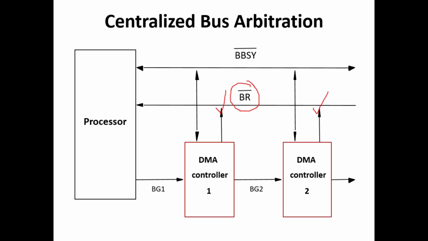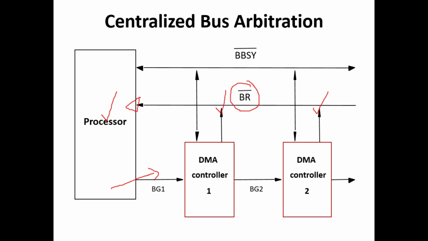If the processor is the arbiter, then the processor receives the signal on the bus request line and comes to know that there is a competition between two DMA controllers to access the bus or to become bus master. Now the processor uses the bus grant signal here, which is connected in daisy chain fashion.